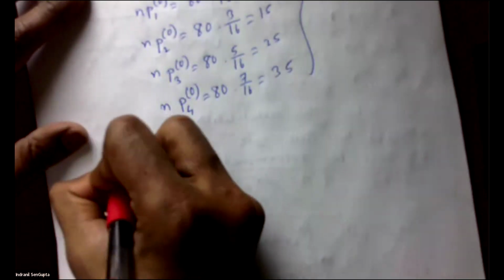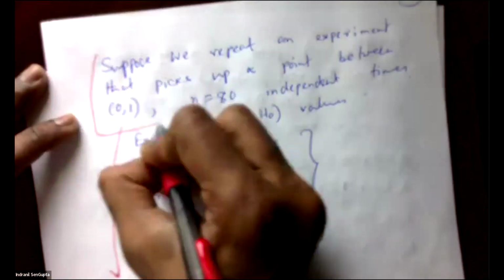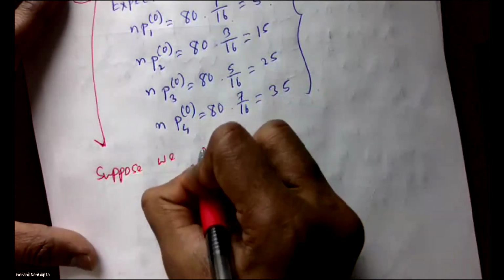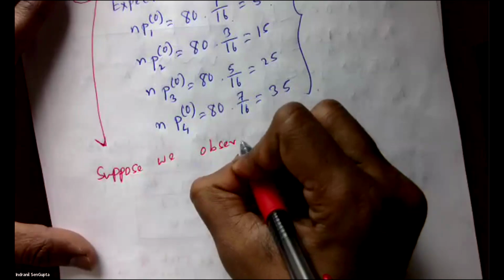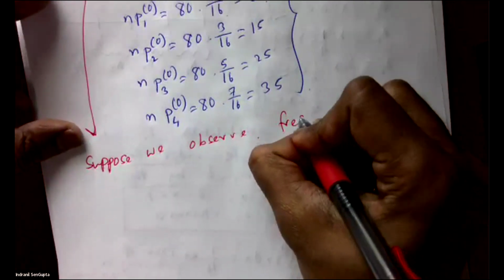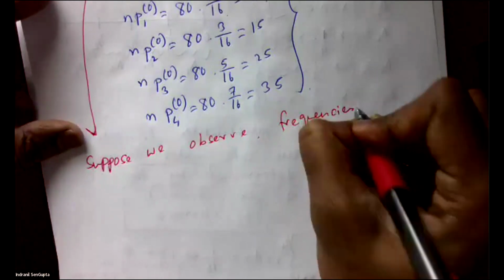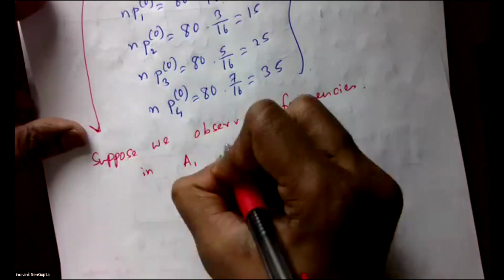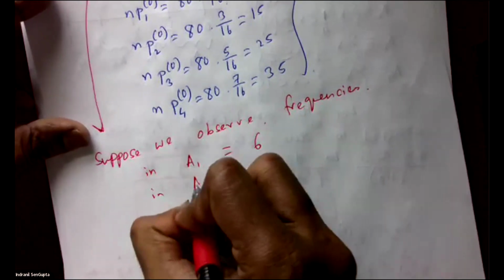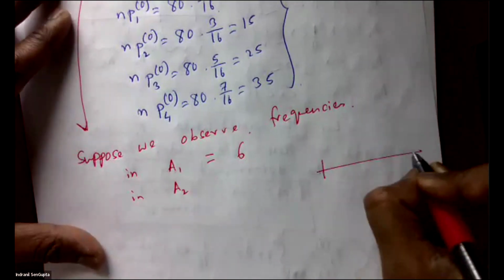Suppose the observed values of this experiment that we mentioned. So when we consider this experiment, suppose we observe frequencies in A1 to be equal to 6. Remember, what are A1, A2, A3, A4?